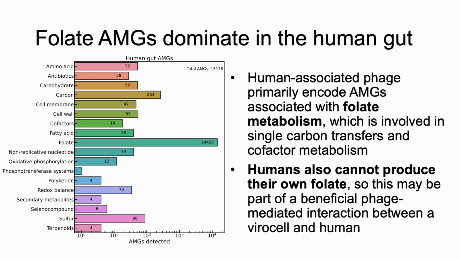Folate metabolism is involved in single carbon transfers, which makes folate metabolism a branch for many metabolisms, including cofactor, secondary, and nucleotide metabolisms. An interesting point is that humans cannot produce their own folate, and therefore they typically rely on the microbiome for folate and the diet. The result is therefore significant because it suggests that phage-infected cells may be contributors to the levels of folate in the human gut.